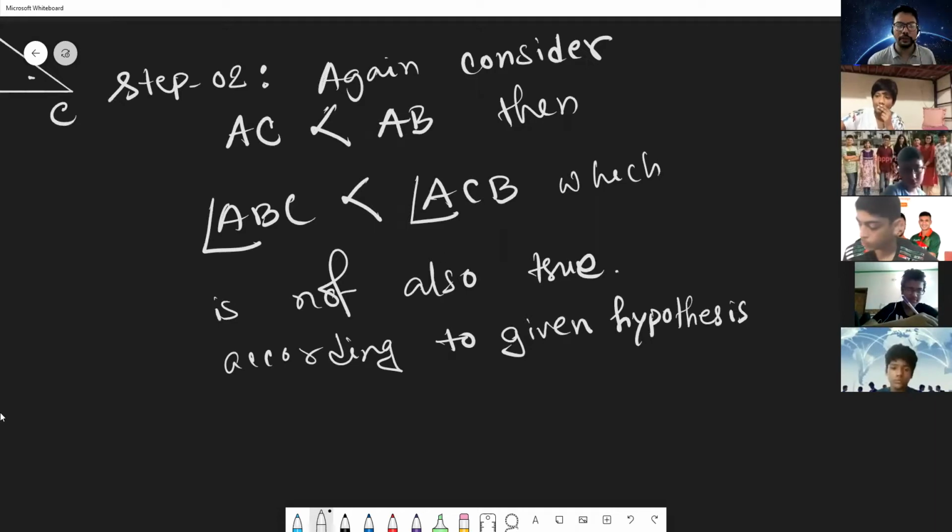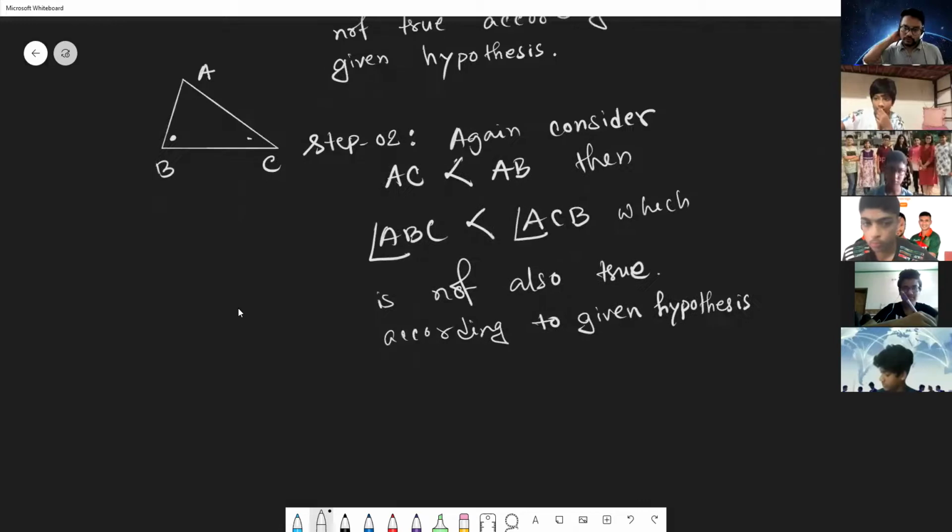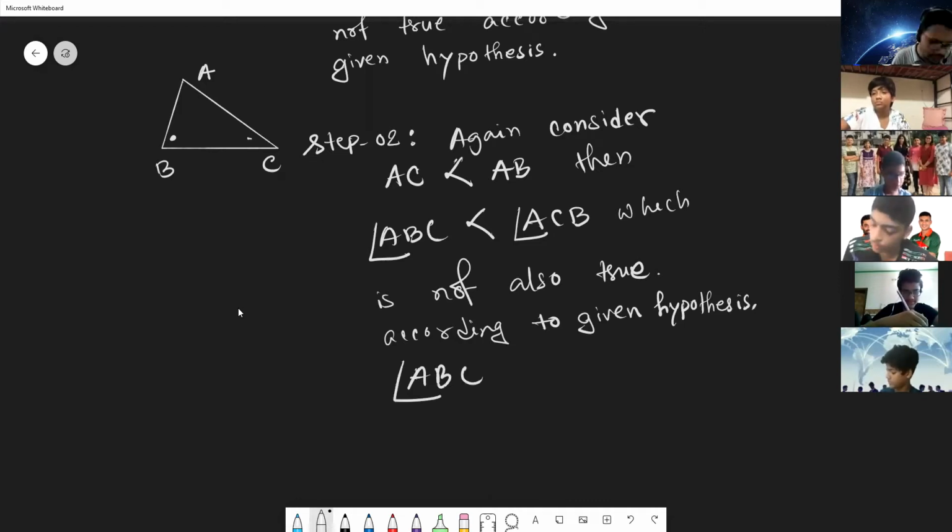So according to the hypothesis, this is also not true. Which hypothesis is given here? According to the given hypothesis, angle ABC is greater than ACB. But here ABC is smaller than, this is not true.